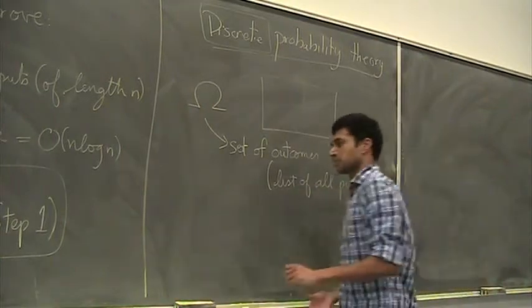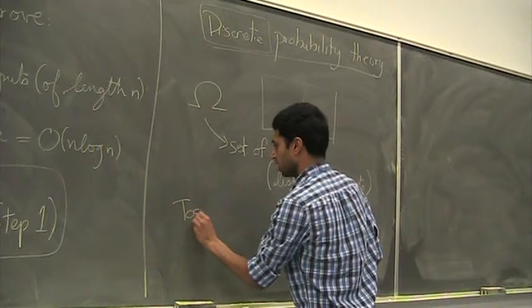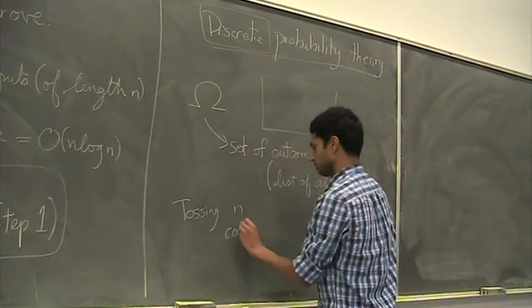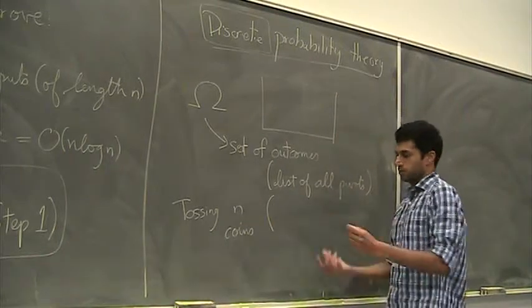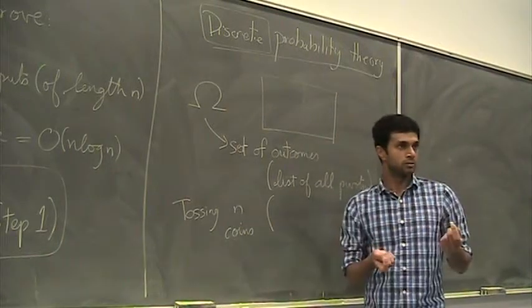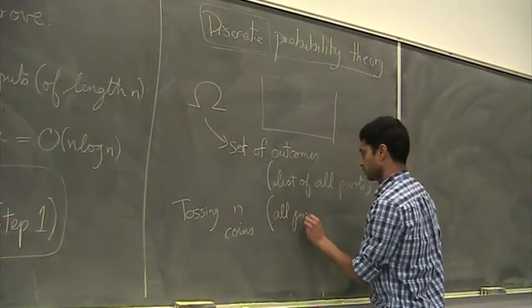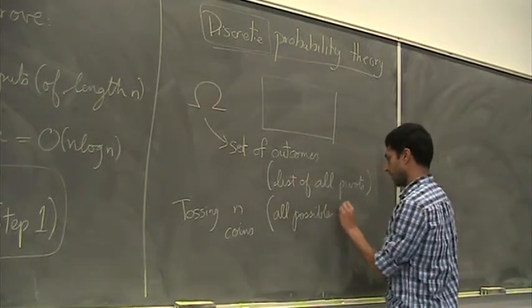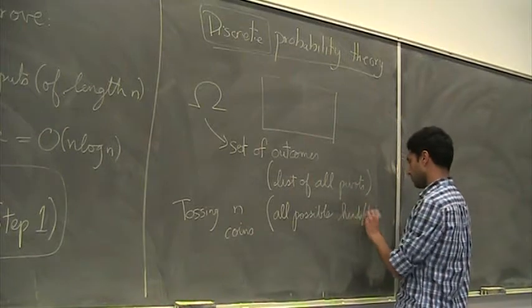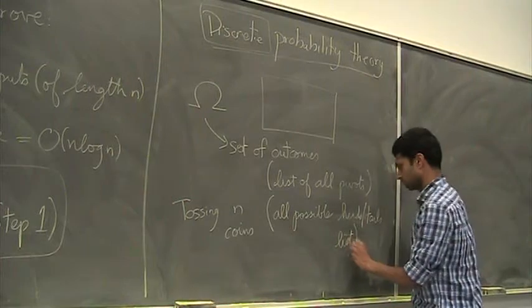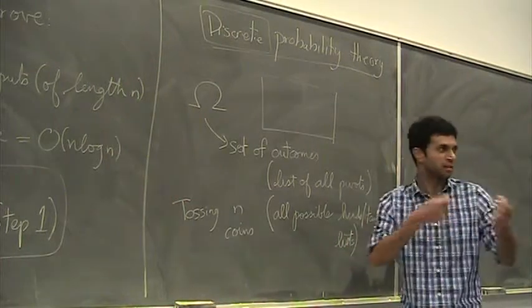Or if you want a simpler example, let's say tossing n coins. This would be basically whether it's heads or tails. All possible lists of heads and tails. Does that make sense? Each coin is either a heads or a tails.